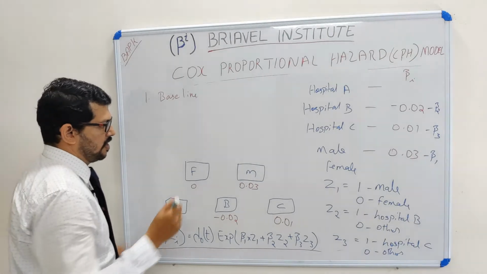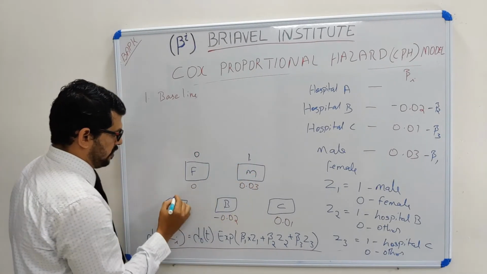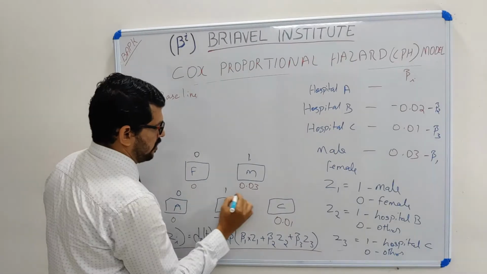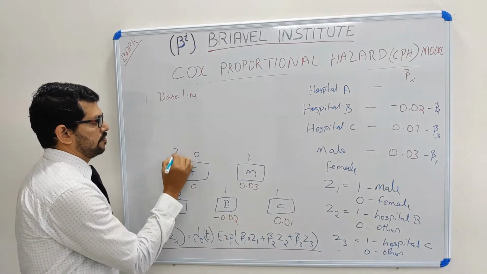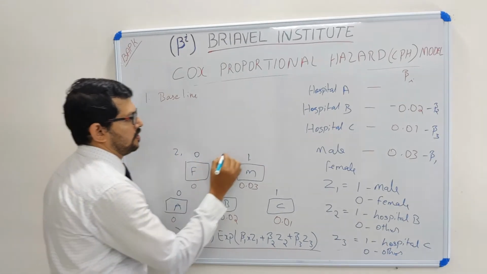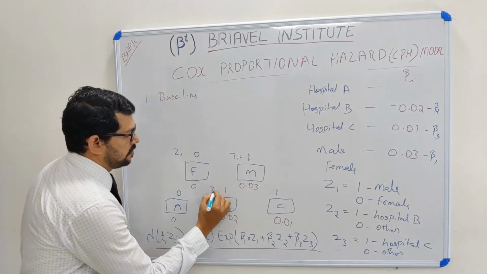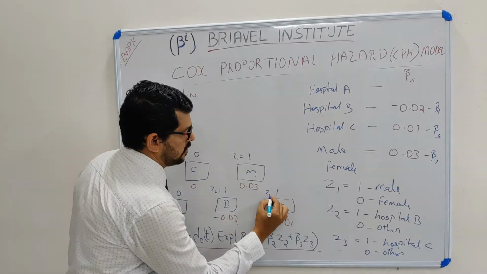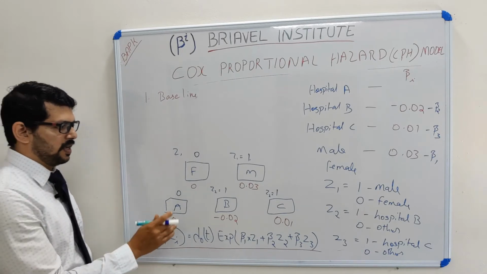So the Zi values are: Z1 is equal to 0, Z1 is equal to 1, Z2 is equal to 1 and Z3 is equal to 1. So this is our problem.